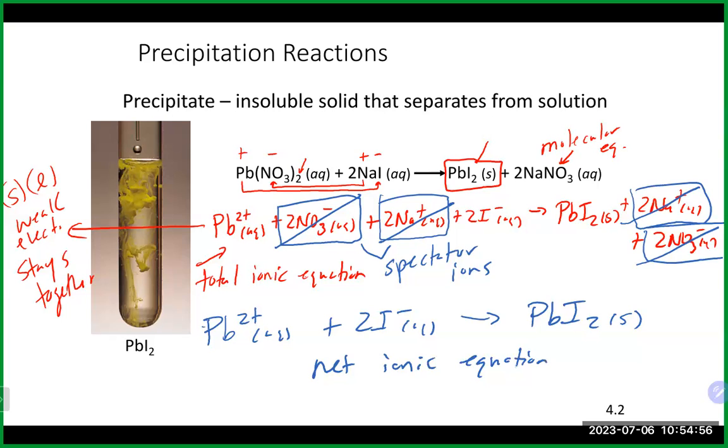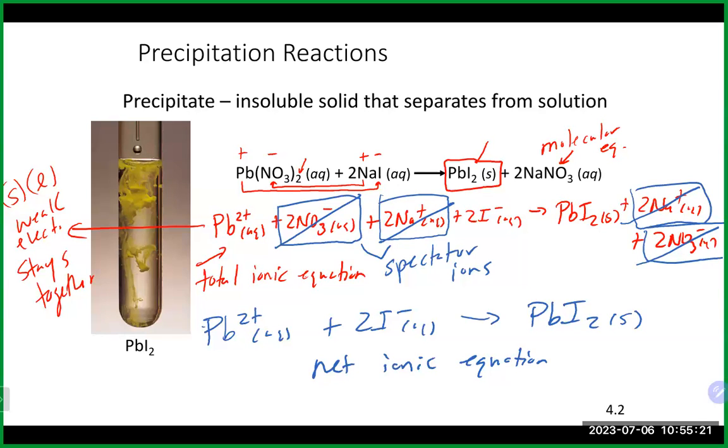And the net ionic equation pretty much tells you exactly what is going on in this reaction. What is really happening when we mix both of those solutions together is the lead ion that's floating around from the lead(II) nitrate is going to find the iodide ion that's floating around from the sodium iodide, and they're going to come together to make that solid, which in this case is that yellow solid that we see there, which is the lead(II) iodide.